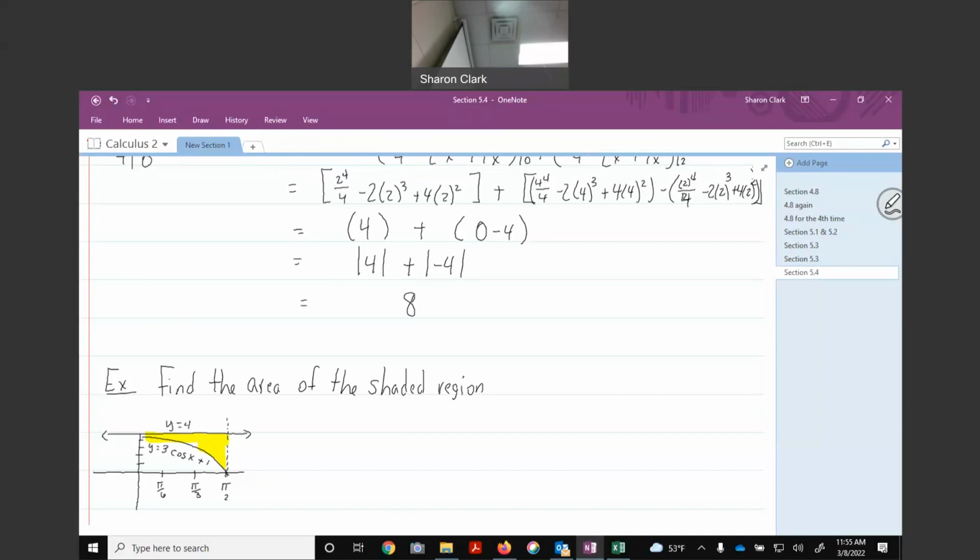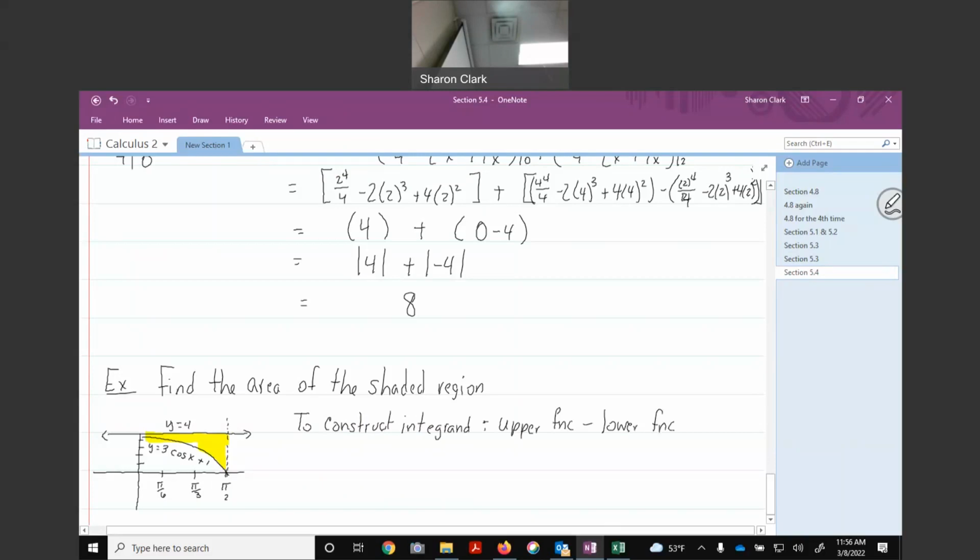So what we're going to do is to construct the integrand: upper function minus lower function.